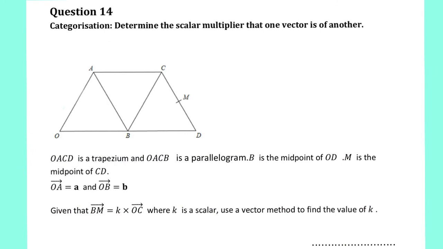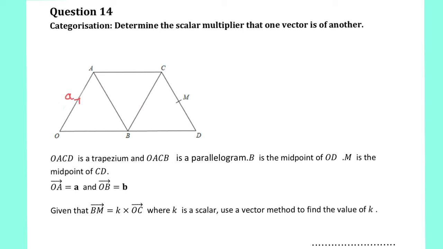In this question, OACD is a trapezium and OACB is a parallelogram. B is the midpoint of OD. M is the midpoint of CD. OA is equal to a. So let's put that in.